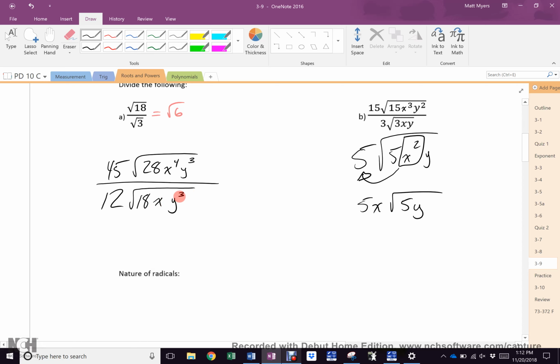It's cubed. You guys go ahead and monkey around with that. They're both divisible by 3. Y cubed.